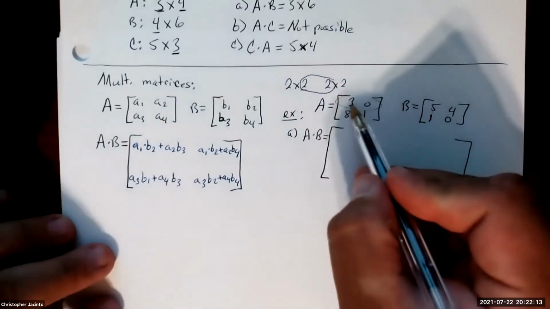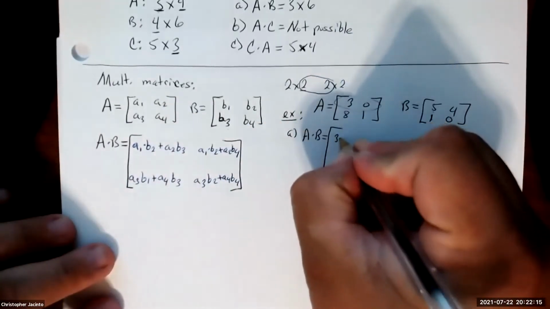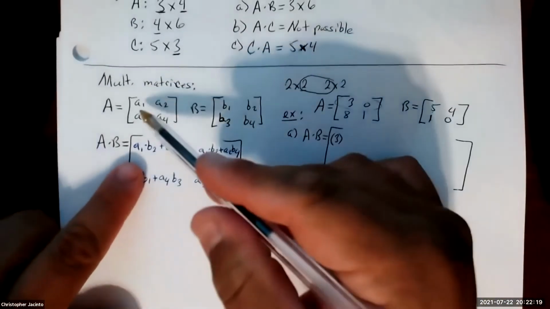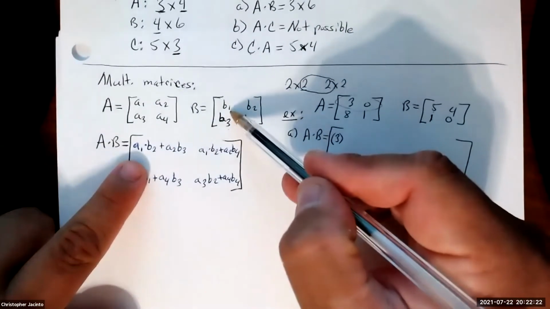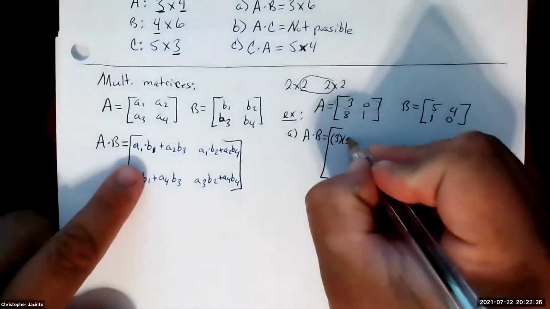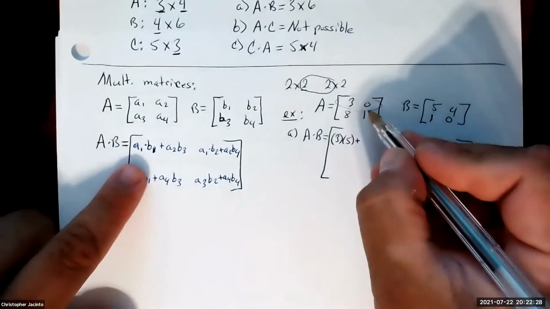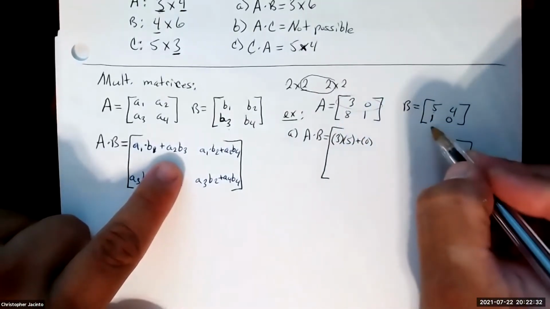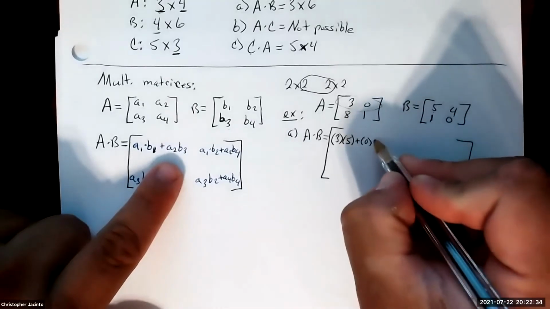So it's going to be the first entry here, 3, times this column. So notice A1 is 3, this is B1, times B1, so it's going to be 5, plus A2, which is 0, times B3, which is 1.